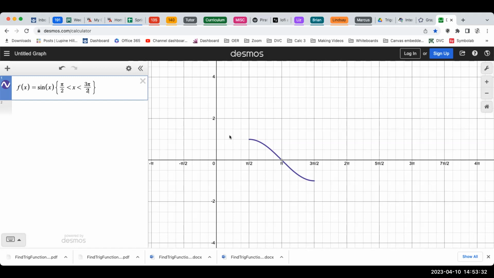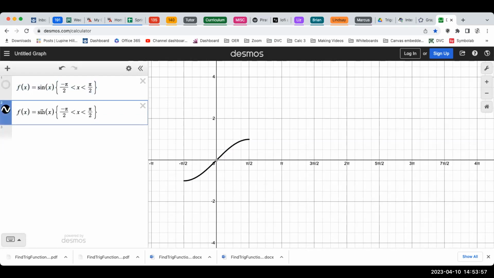But the ones that textbooks usually choose is the first one, negative pi over 2 to pi over 2. That's the one they're going to use for sine, so that they only use this part of the graph to make it one-to-one. And for cosine, they're going to do a similar thing. Let me erase this one. Say I put cosine here.